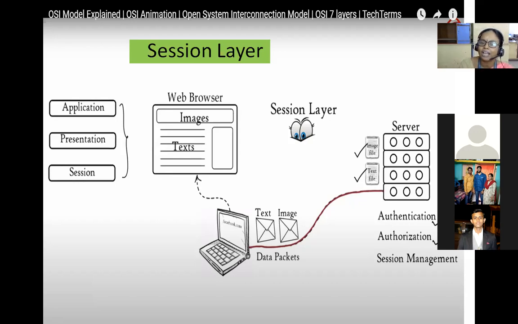In a similar way, the session layer is responsible for how we divide the packets through the web browser. Depending on the worker, we assign the work, and the session layer is responsible for this kind of work. Is that clear?